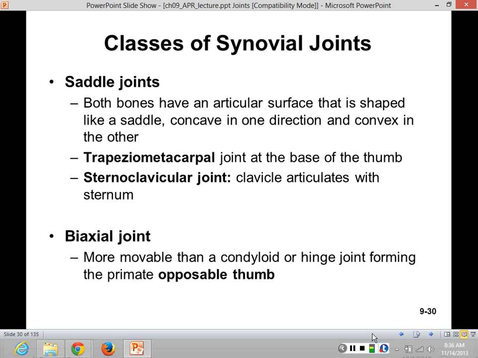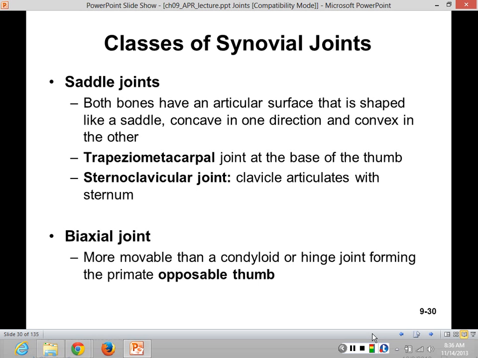I remember when I took anatomy, they didn't have trapeziometacarpal. They had CMC, which is carpometacarpal, at the base of the thumb. So just in case you see this or that, it means what? The same thing.